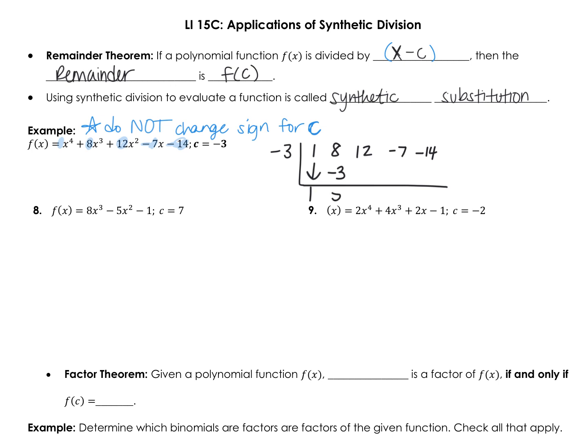Okay, now you're multiplying again. Hold on, let's scoot it up. Okay, so multiply again. -3 times 5 is -15. Add down the -3.